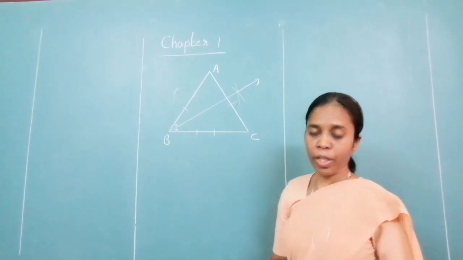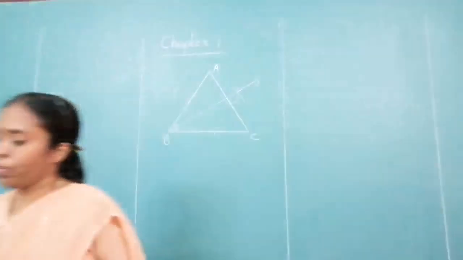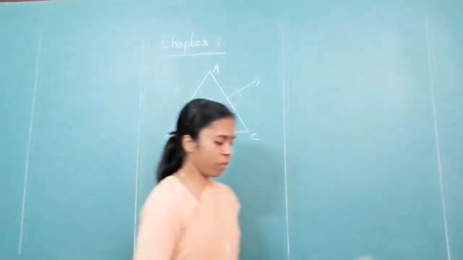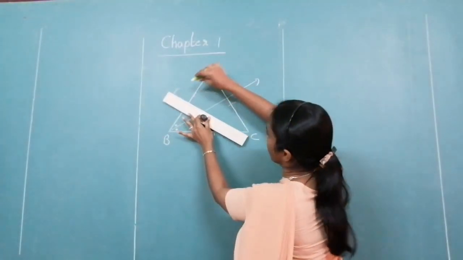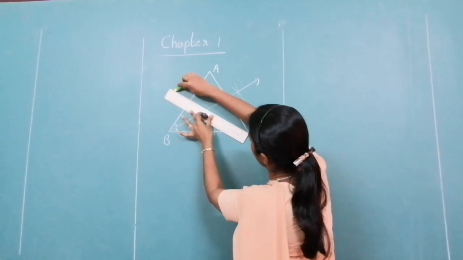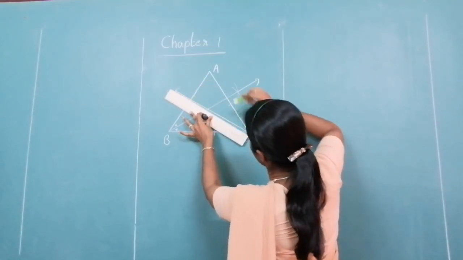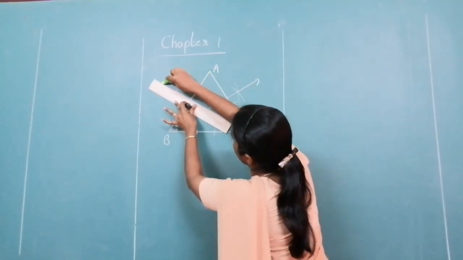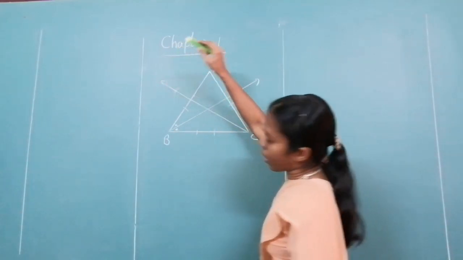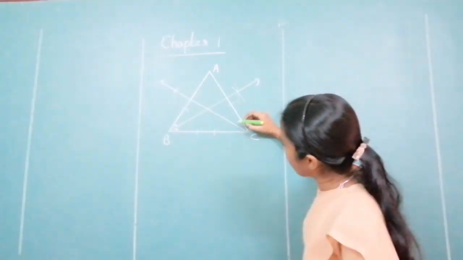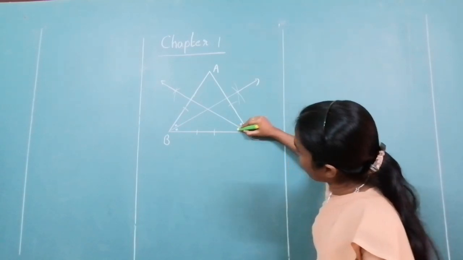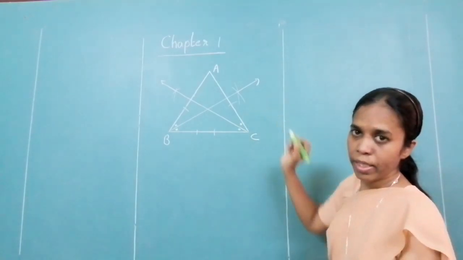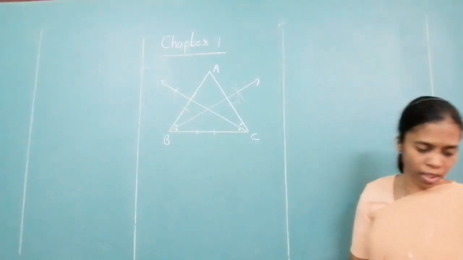Now you have to join the intersecting point to the vertex. This is the intersecting point. Join from there to the vertex. Extend it. Again, this is an angle bisector, so put another symbol to show that these angles are congruent. Don't use the same symbol.